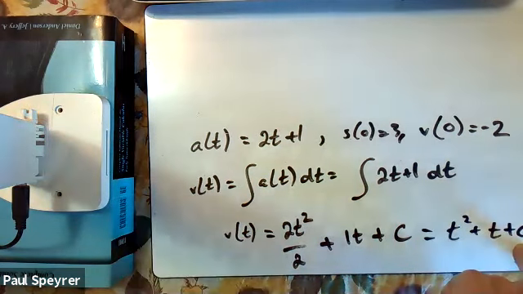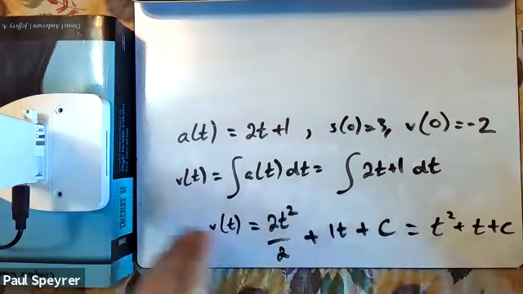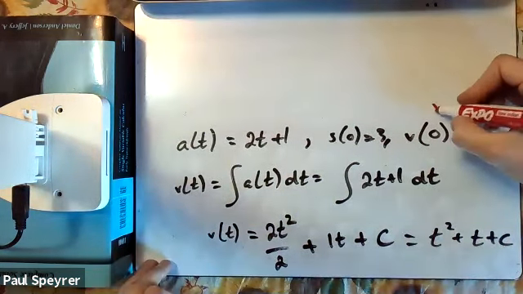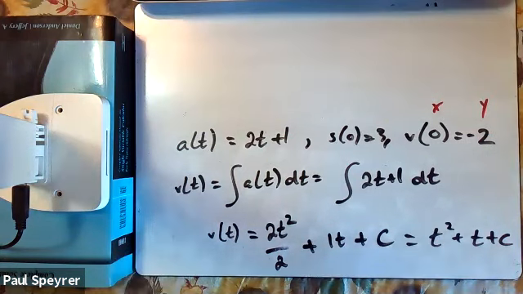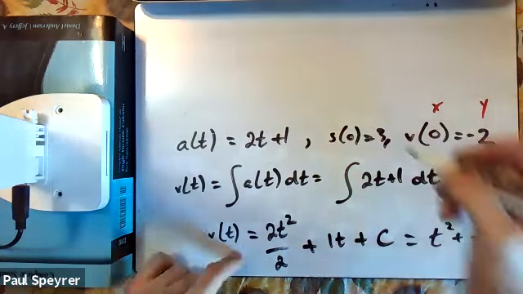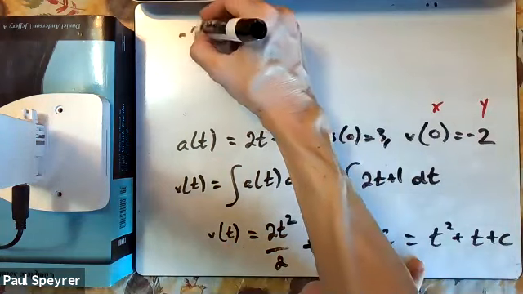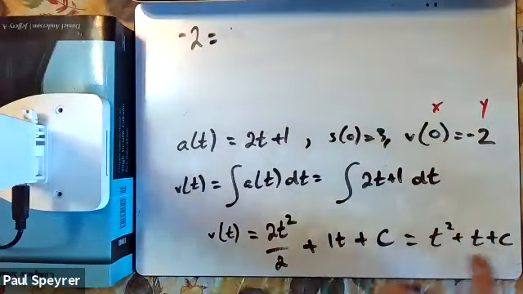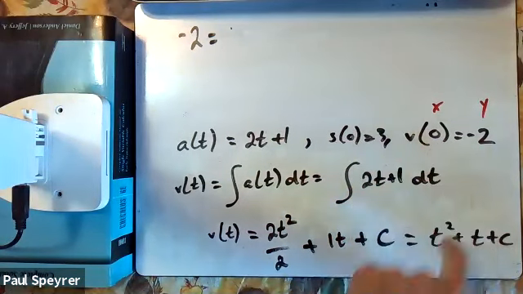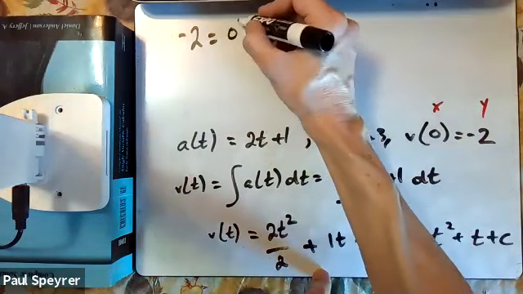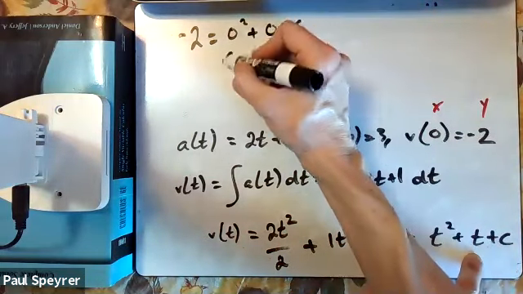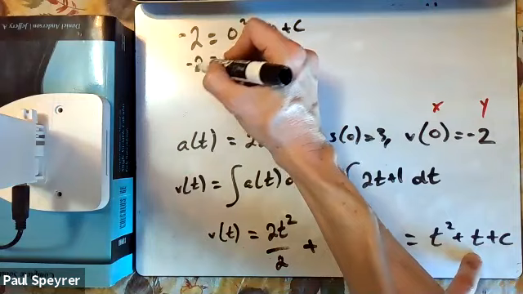But now we need to solve for this c right here. How are we going to do that? Remember, this is our x and this is our y right here. So now we're going to say, oh, negative 2 equals, and we're going to plug zeros in for all these t's right here. 0 squared plus 0 plus c. So we could see instantly that c is equal to negative 2.